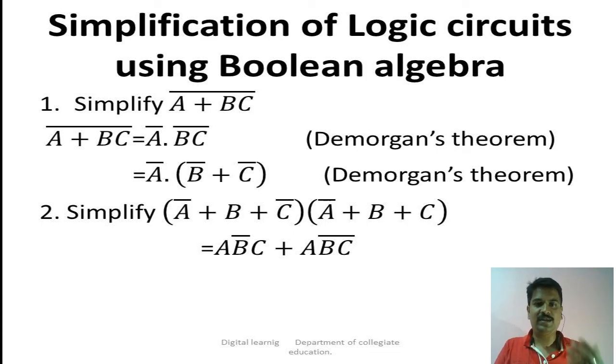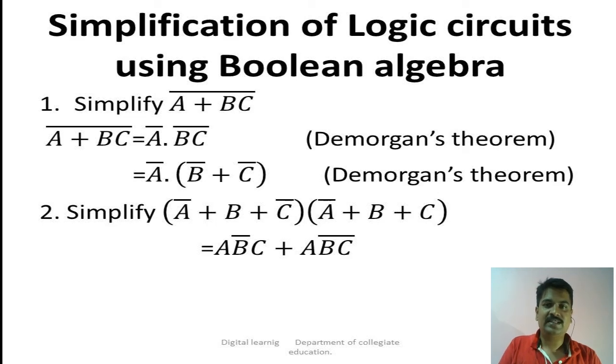Again, you apply De Morgan's second theorem. (BC) whole bar is equal to B bar plus C bar. So the whole bar can be split to the individual variables, and along with that you have to change the symbol. If it is logical multiplication, change it to logical addition, so dot will be changed to plus.